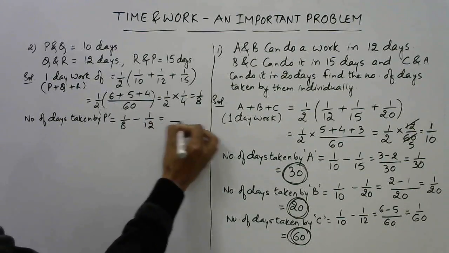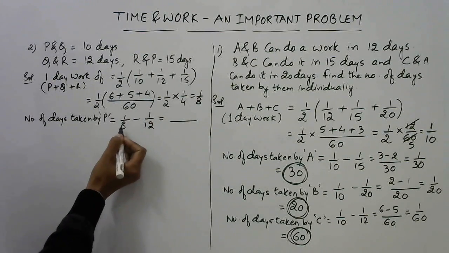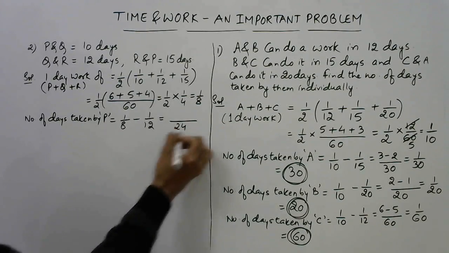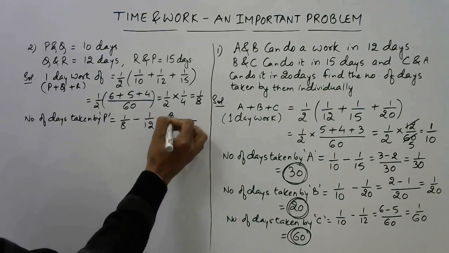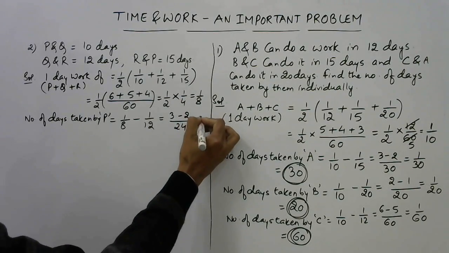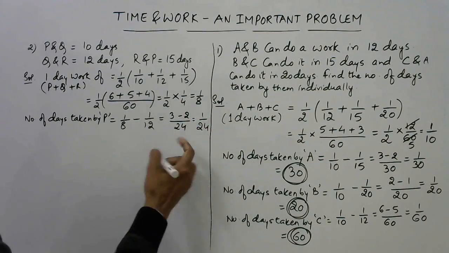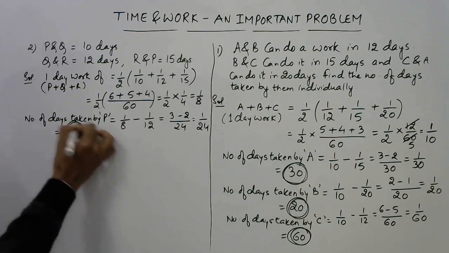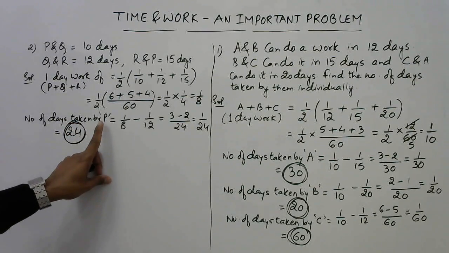This gives you 12 is not divisible by 8, but 24 is divisible by 8. So 24 is the LCM. This gives you 3 minus 2, and the answer will be 1 by 24. Take the reciprocal. You get the answer as 24 days for P.